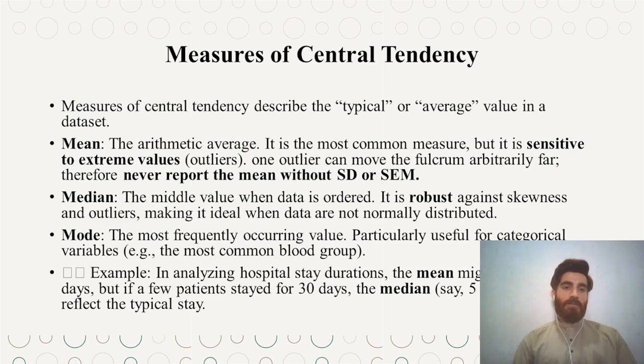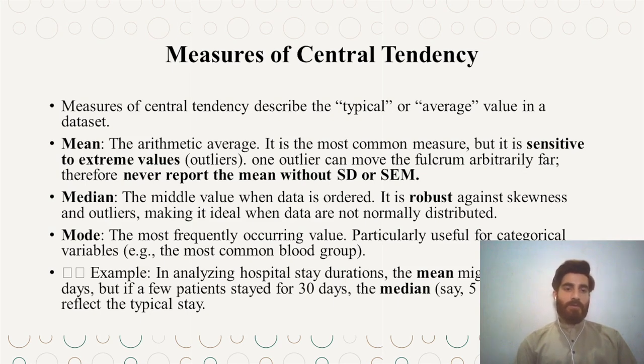So the mean is the average, but it is affected by extreme outlier values. So it is not good for data which have more extreme values. And the median is the middle value. It can be used for those data which have extreme values. And mode is the most frequently occurring value.